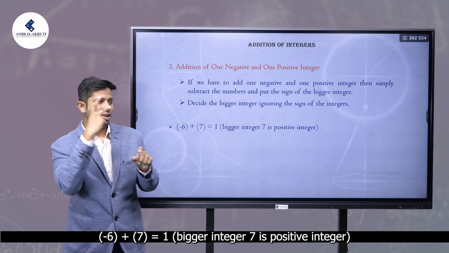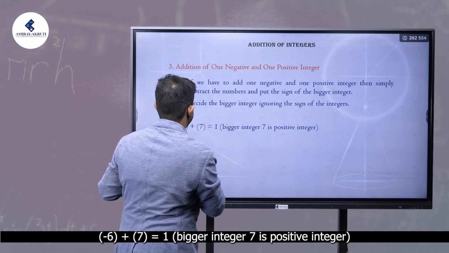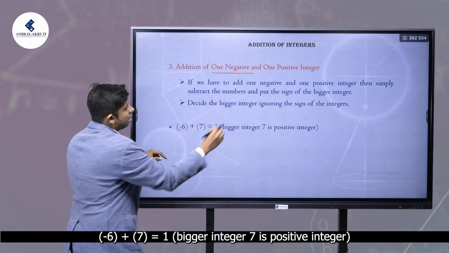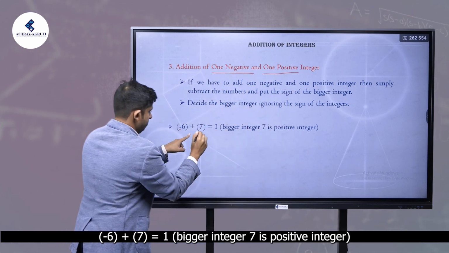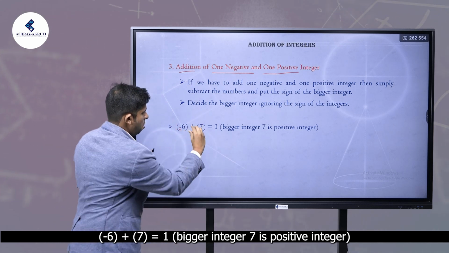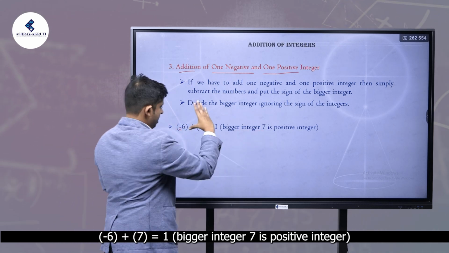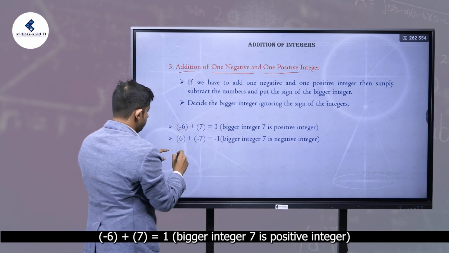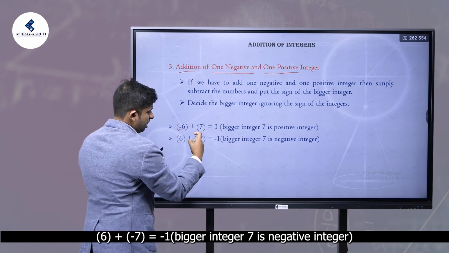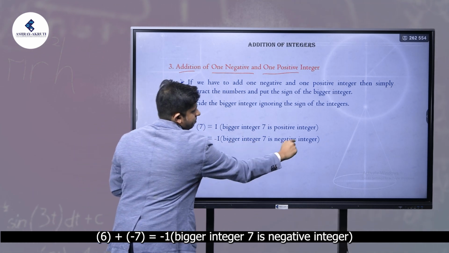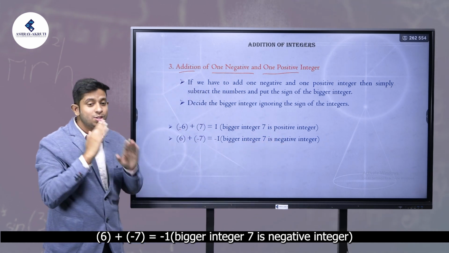Minus 6 plus 7 is equal to 1, as the bigger integer 7 is a positive integer. 6 plus of minus 7 is equal to minus 1, as the bigger integer 7 is a negative integer.